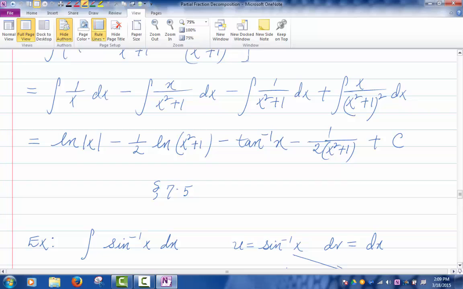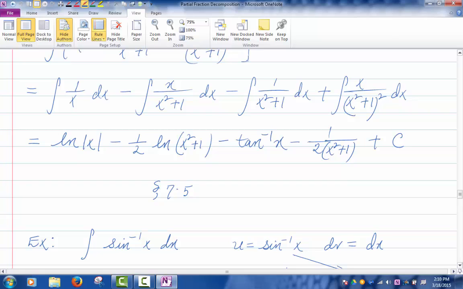Today, the next thing that I'm going to do is go over some problems from section 7.5. Now, what is section 7.5? So far we learned a lot of integral formulas and a couple of different integration methods, and 7.5 is where we'll be tested whether we know how to use them all.